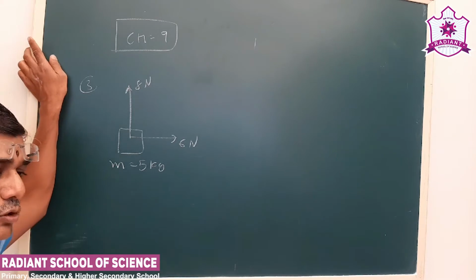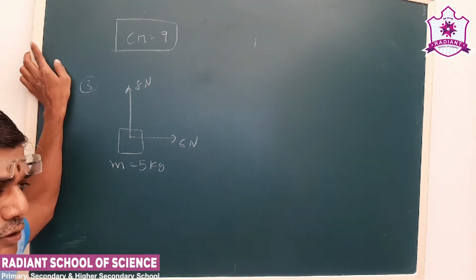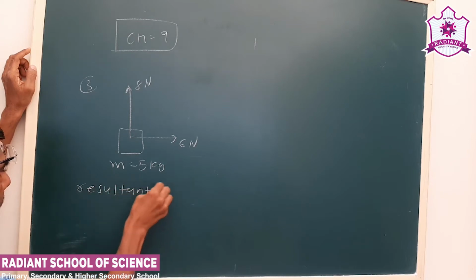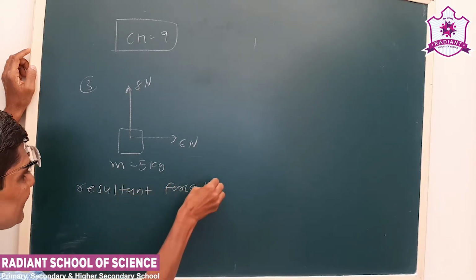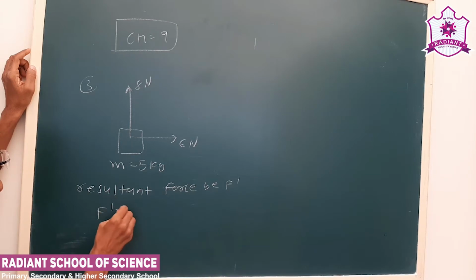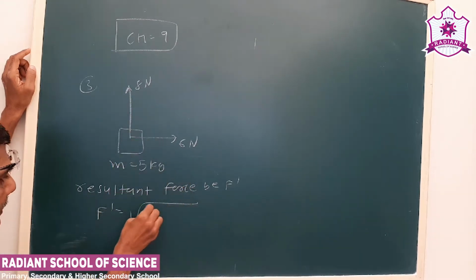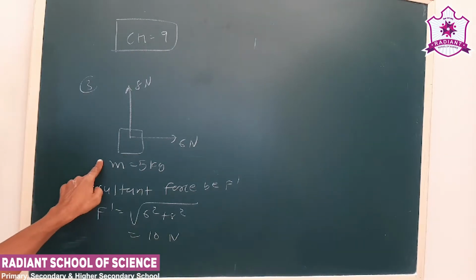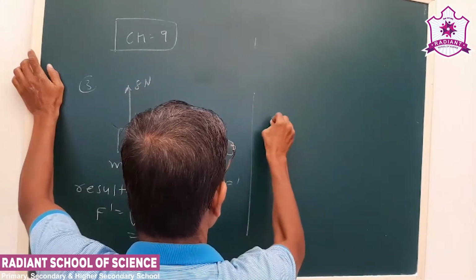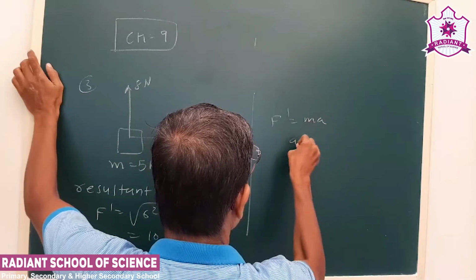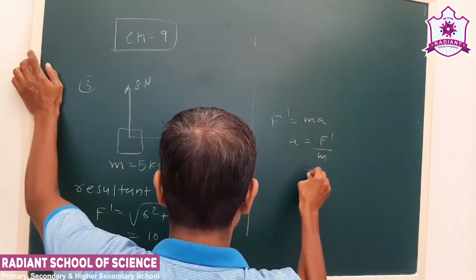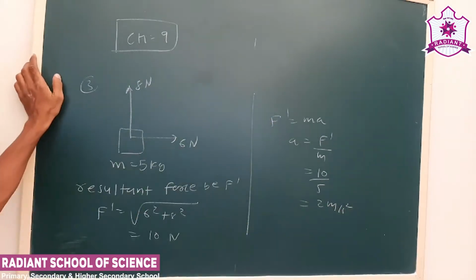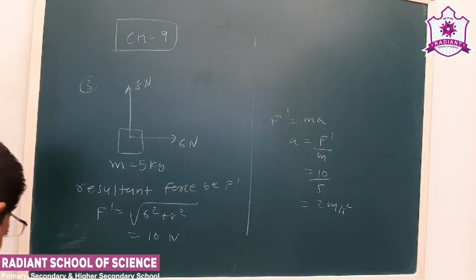Now here two forces act at right angle to each other, so the resultant force F dash is the square root of 6 square plus 8 square, that is 10 Newton. Mass is 5 kg. Now F dash is equal to ma, so a is F dash by m, 10 upon 5. This is how we can calculate acceleration.